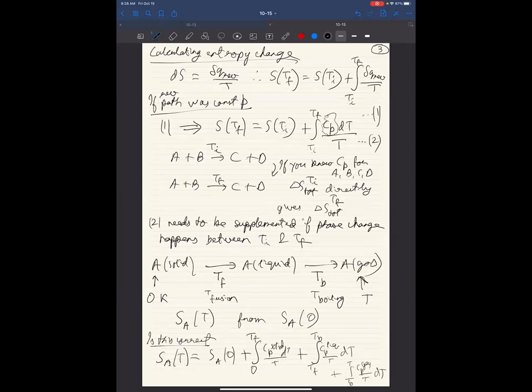Is this correct, or did we miss anything? All right. Okay, why will the entropy change when you're going through the phase changes?